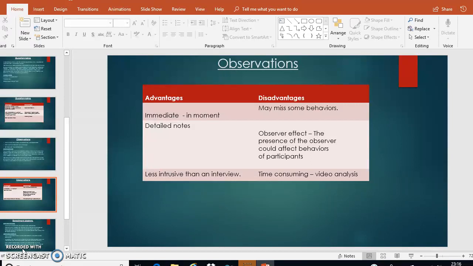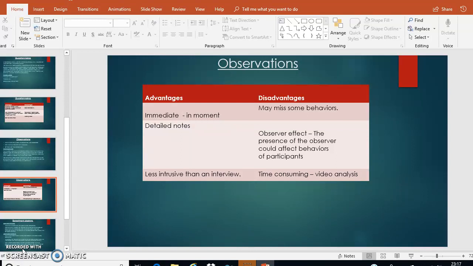Disadvantages are it's easy to miss some behaviours. For example, if you're not using video analysis and simply just watching in the moment, it will be very difficult to observe everything that happens in a period of time. Also, there's the observer effect. So the presence of the observer could affect the behaviours of the participants.